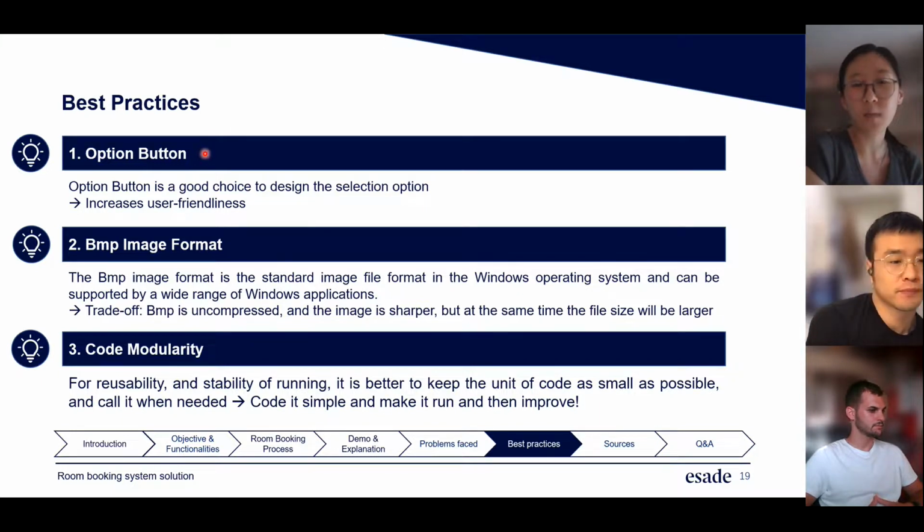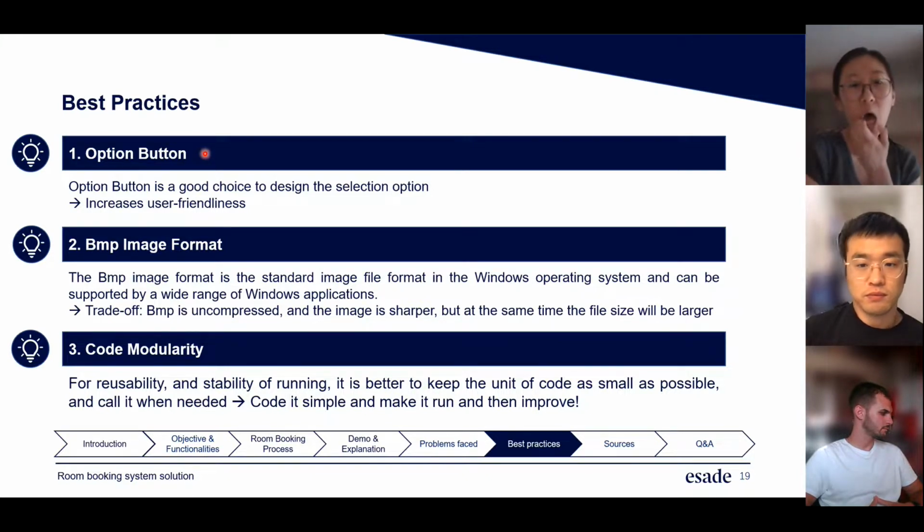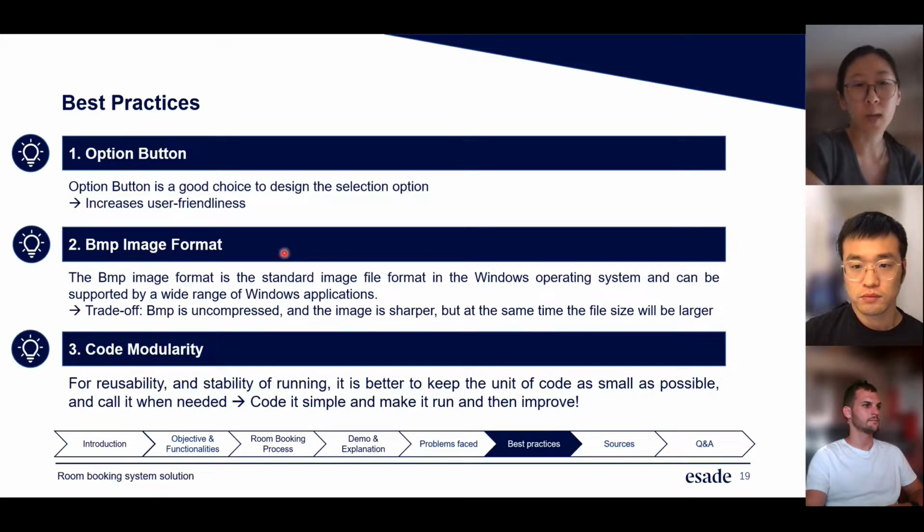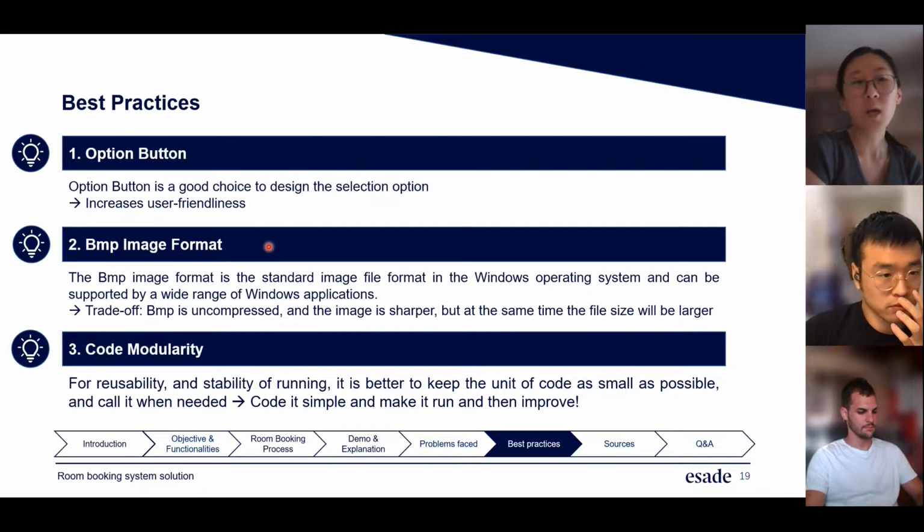The second point is about the image format. We found that the BMP image format is a standard image format in the Windows operating system, and it can be supported by various Windows applications. In our case, we use the BMP image format because when I tried the JPG format, I found that it's not clear enough.